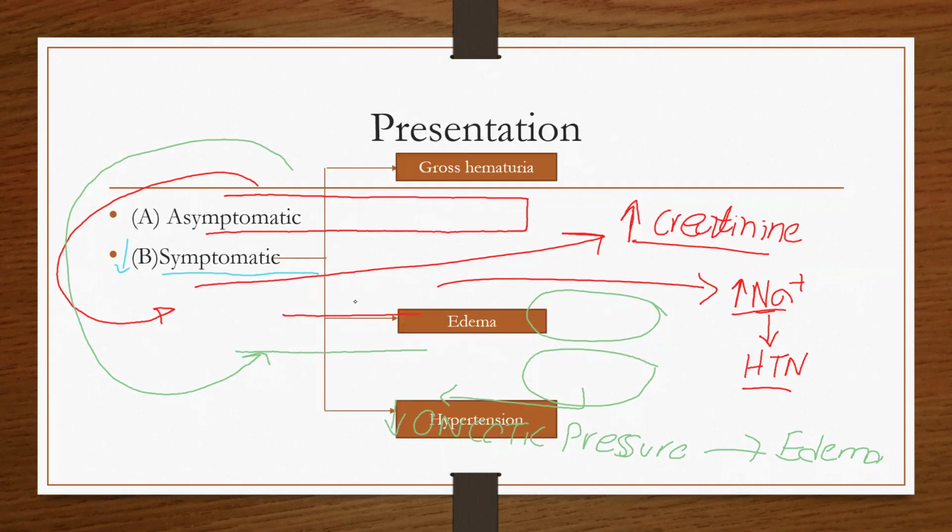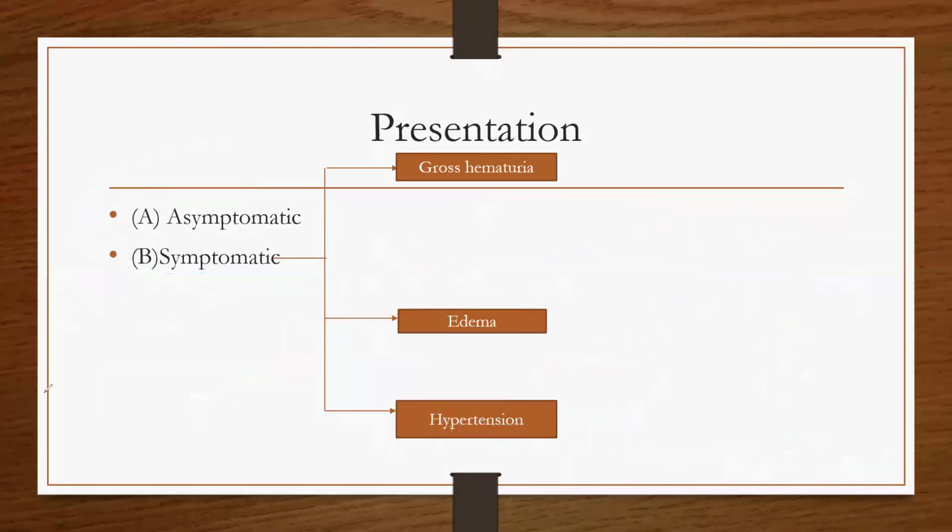Okay, so how will the patient present in glomerulonephritis? It may be asymptomatic or symptomatic. Symptomatic presentation typically includes gross hematuria. Gross hematuria may be tea colored or cola colored urine, right?